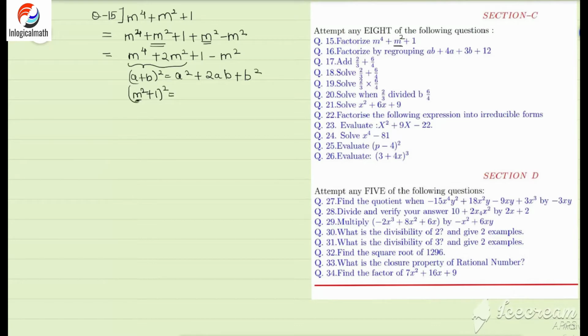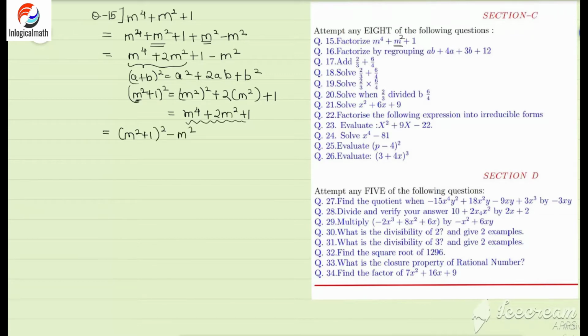So a is m square, and taking the square gives m raised to 4, plus 2 times m square times 1, plus b square, which is 1. So (m square plus 1) whole square is m raised to 4 plus 2m square plus 1. Instead of that, what we can write is (m square plus 1) whole square minus m square.